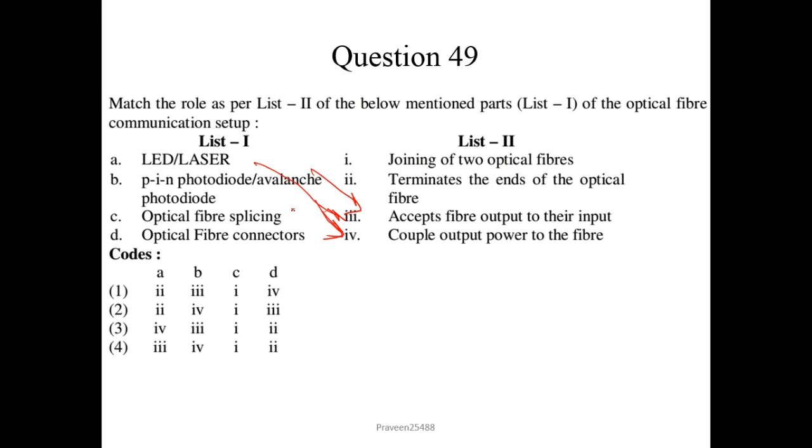And optical fiber splicing matches with first one: joining of two optical fibers. Optical fiber connectors terminate the ends of the optical fiber. So our correct is 4 3 1 2. Third one is the correct answer.